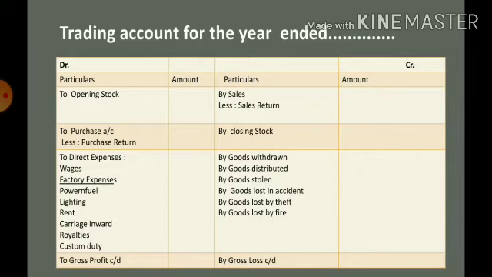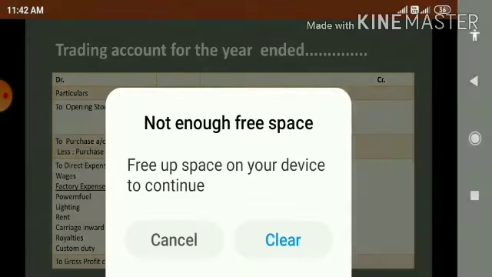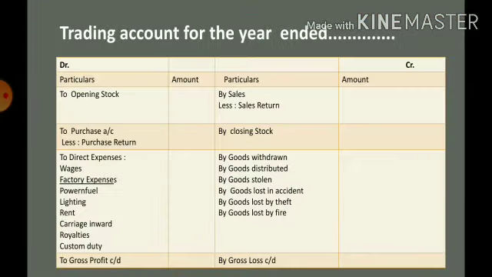On debit side we have to record, it will start with the opening stock, then purchase less purchase return. Then we are going to record all direct expenses, that is wages, factory expenses, power and fuel, lighting, rent, carriage inward, royalties, custom duty. Then on credit side we are going to record sales less sales return, closing stock.